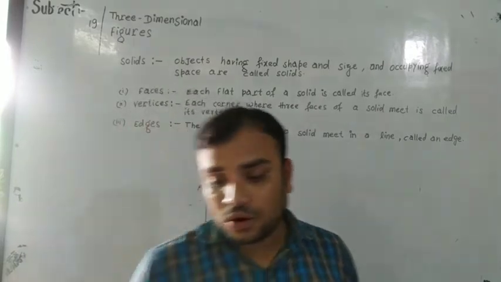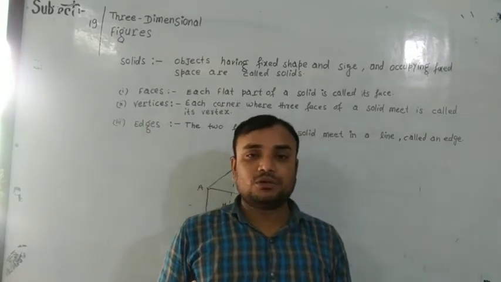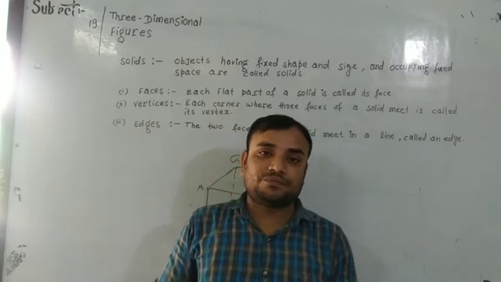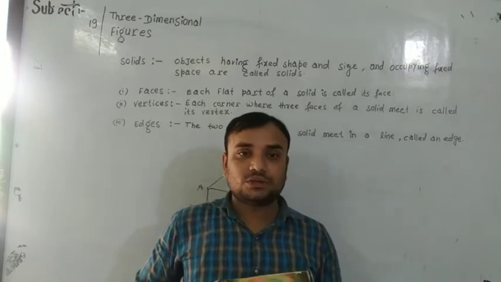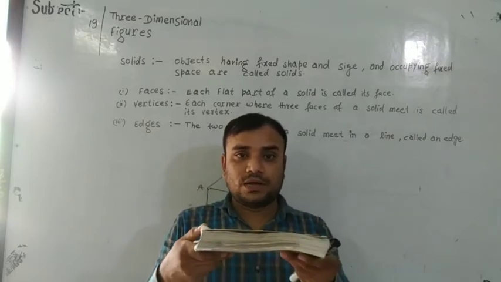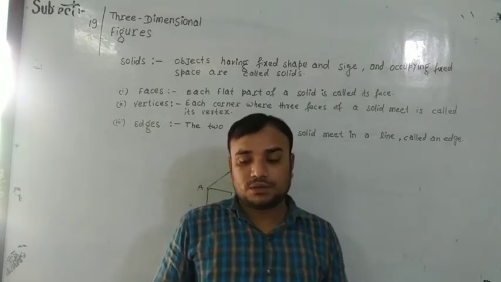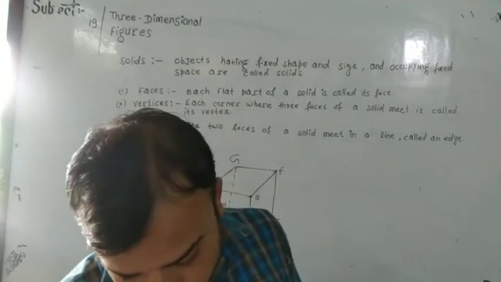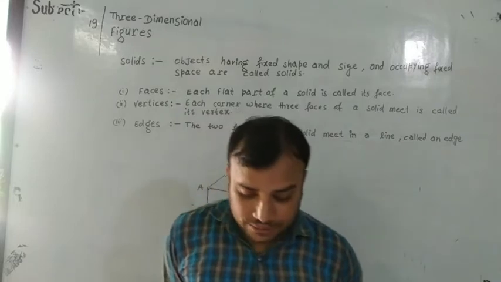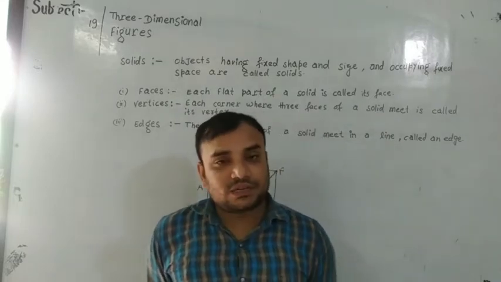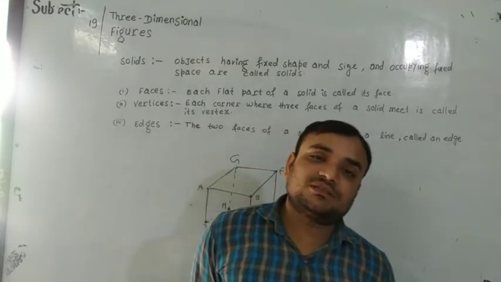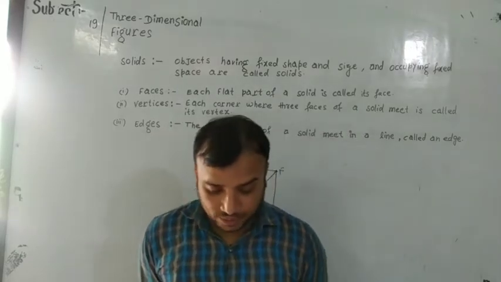This book is also a cuboid because it is made up of 6 rectangular faces: 1, 2, 3, 4, 5 and 6. There are 6 faces in a cuboid, 8 vertices in a cuboid and 12 edges in a cuboid.